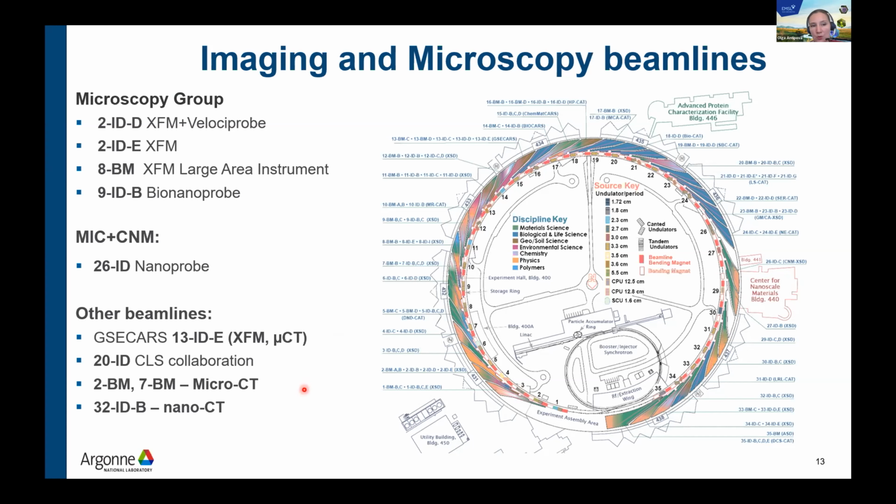We also have the nanoprobe, which is usually used for material science samples, but some biological samples can be imaged there as well. And other beamlines of APS, which are part of different groups, include 13-ID-E, 20-ID, which will disappear after the upgrade, and micro CT and nano CT I mentioned previously.